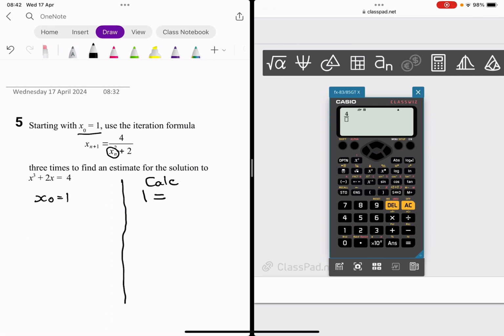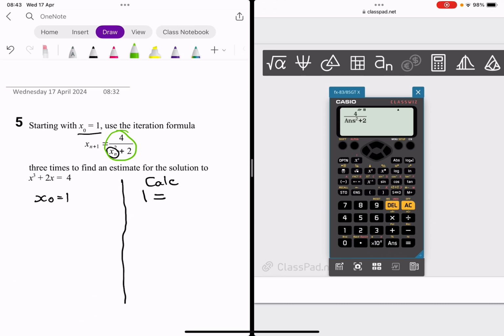And where I've got xn, I'm going to put ans, because that is the answer that I just had, which is the value of 1. I'm then going to square it, and I'm hoping that that's squared, which it is, and then I'm going to add 2. Okay, now that has set up this formula here actually nice and easily.